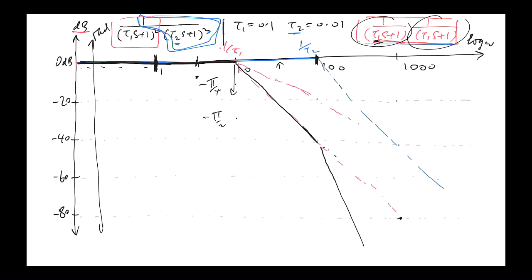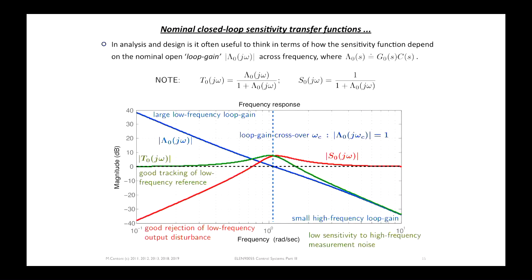So it can be convenient to think in terms of how your performance specifications translate into what this has to look like across frequency, instead of directly thinking in terms of what these need to look like across frequency. And so the next couple of things are about trying to translate requirements on these into requirements on the so-called open loop transfer function.